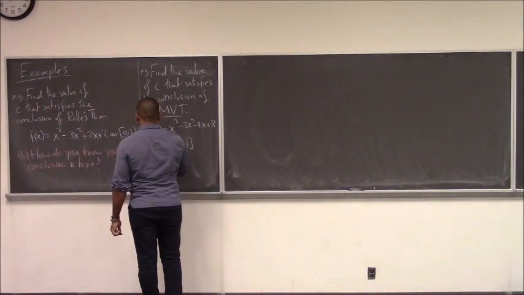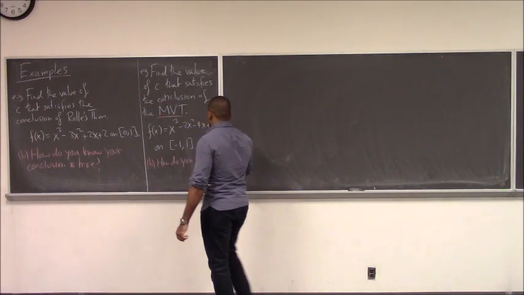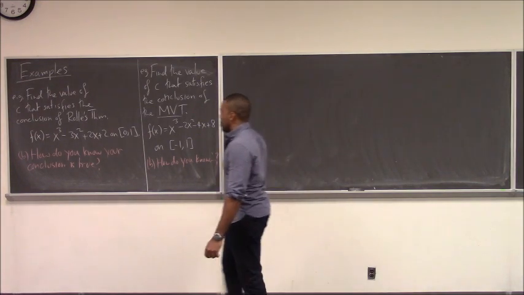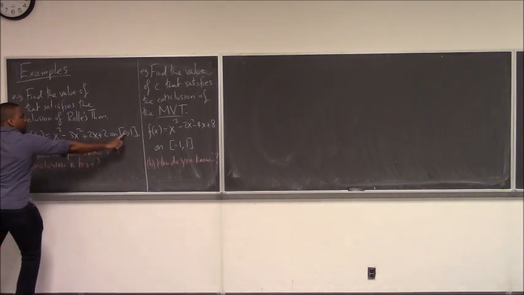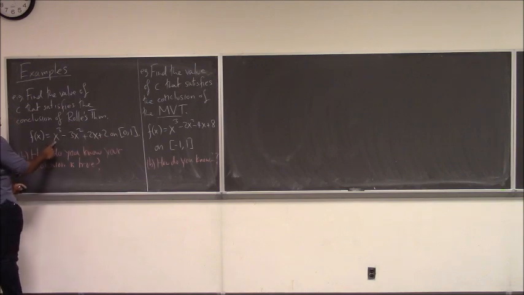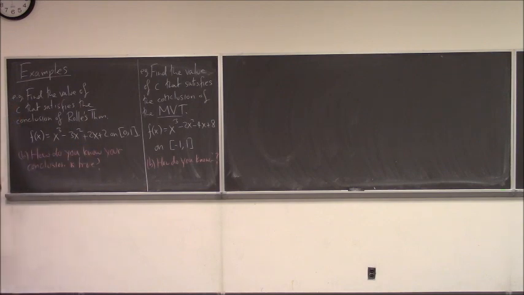Something here. How do you know? Okay, so what you would do here is find f of 0. Boom, boom, boom. That'll be 2. Find f of 1. That'll be 1 minus 3, which is minus 2, plus 2, which is 0, plus 2, which is 2. So then you'd say, oh, f of 0 is equal to f of 1.